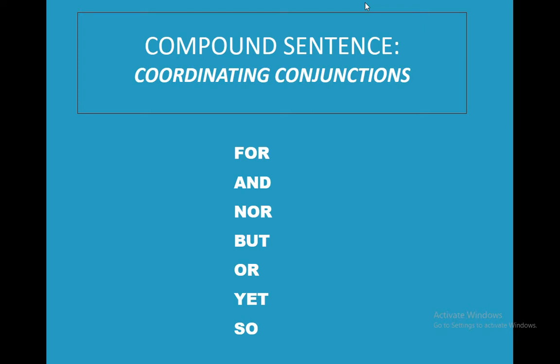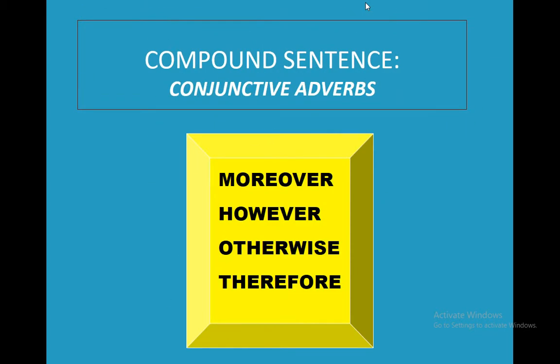Here are the coordinating conjunctions that we have to use in a compound sentence. Sometimes we call them FANBOYS. Each letter stands for a word: for, and, nor, but, or, yet, and so. The other link between the two independent clauses is the conjunctive adverbs.